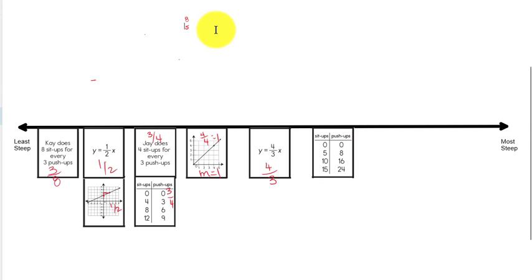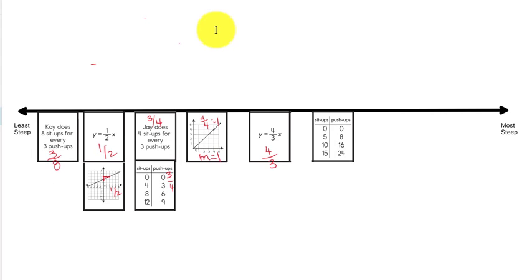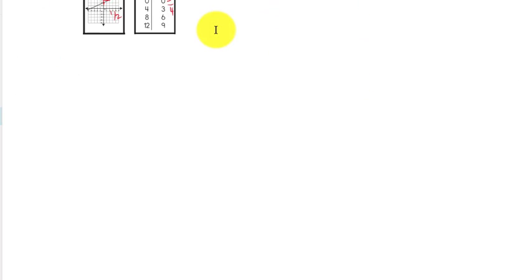Now what this example does not speak to is if we're dealing with negatives. So I want to review with you again, we've talked about it in class. If we were having to compare a rate of change of -4 versus a rate of change of 2.